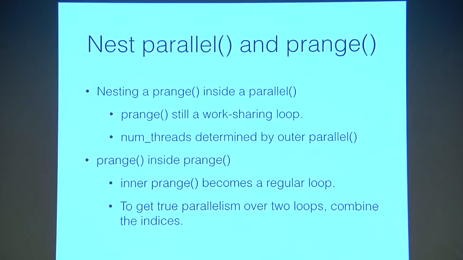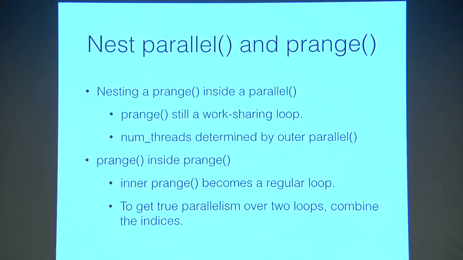A lot of examples, when you look online, will have this nested parallel and p-range. In fact, even on the Cython page for the parallel tools. So you can nest a p-range inside a parallel. The p-range just turns into still a work sharing loop, but the number of threads is determined by that parallel. So you can't declare a new number of threads.